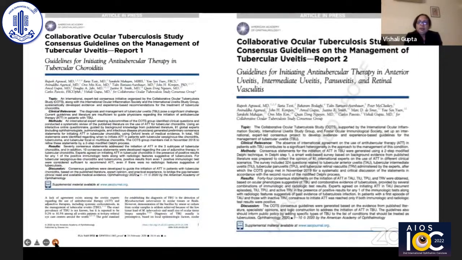For any more information, we have these reports of the COTS consensus on when to start TB treatment. Both the reports are published in Ophthalmology, and we also now have an app which will soon be available on the International Uveitis Study Group website, which will help clinicians and comprehensive ophthalmologists to be able to start anti-TB therapy whenever they feel like, with no resistance from the physicians.